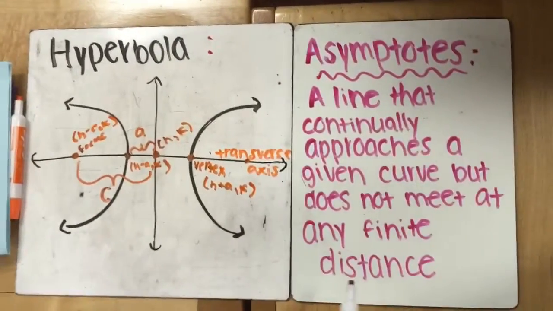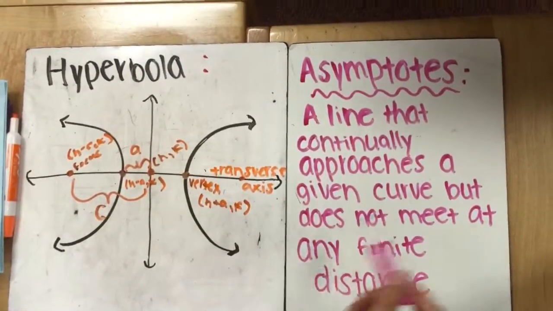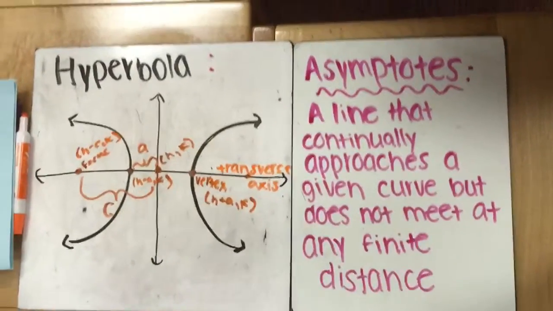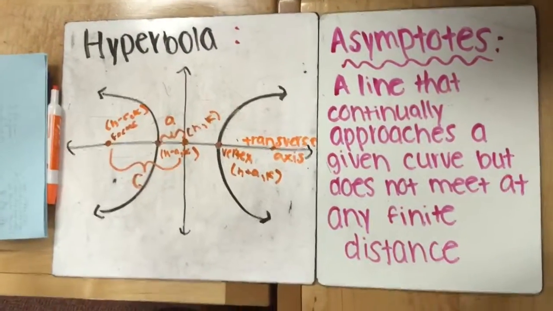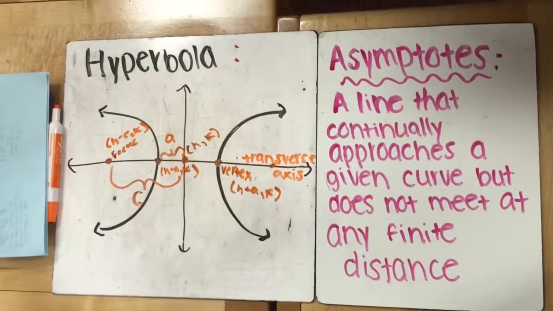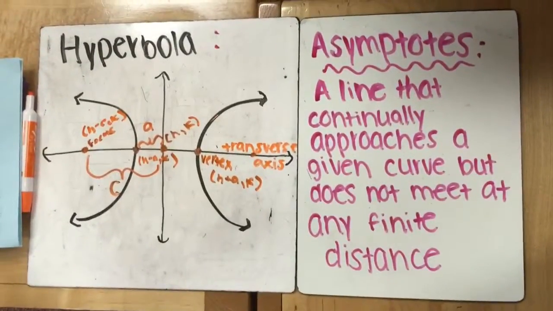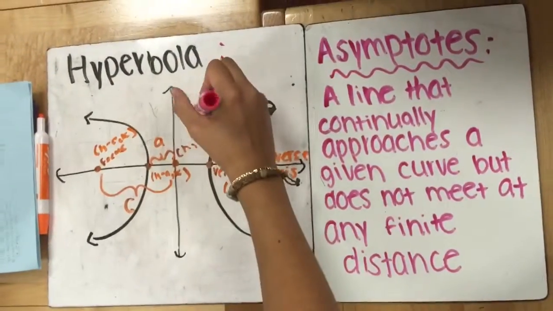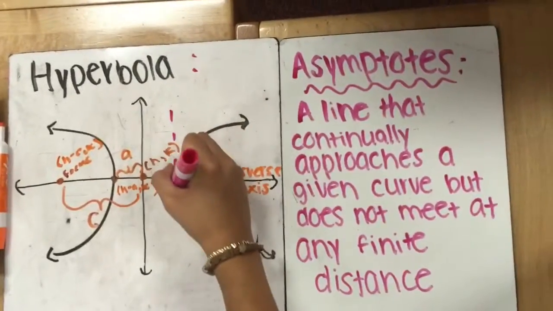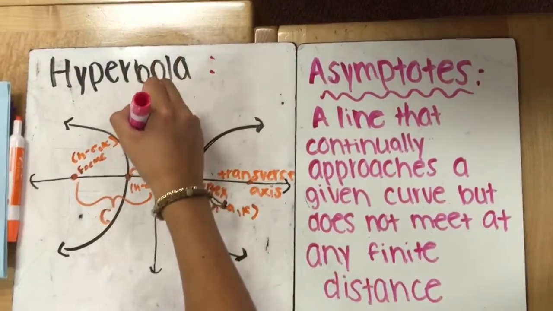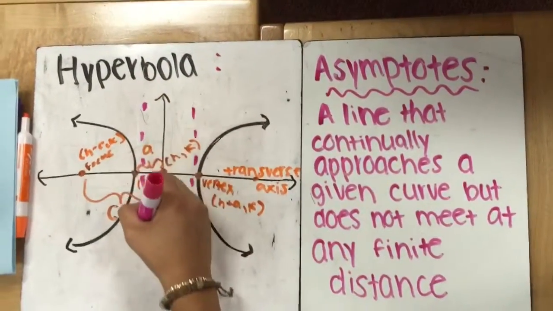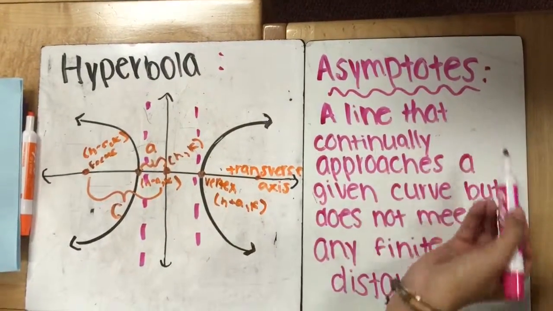Something else you can find for a hyperbola is an asymptote. An asymptote is a line that continually approaches a given curve but does not meet at any finite distance. So basically, your hyperbola branches will never touch these lines. These lines are considered your asymptotes.